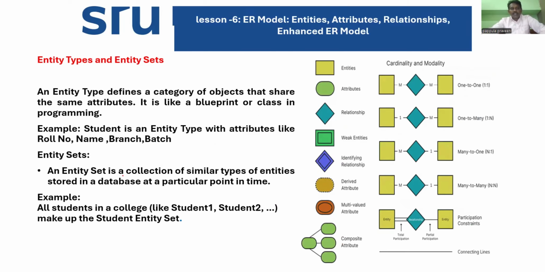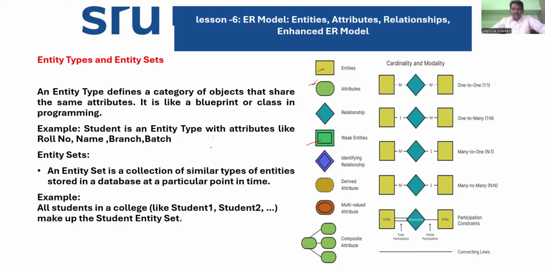And next one is entity types and entity sets. So here we observe the symbols. The first symbol is the entity; an entity is represented with a rectangle. An attribute is represented with an ellipse. A relationship between entities is represented with a diamond symbol.